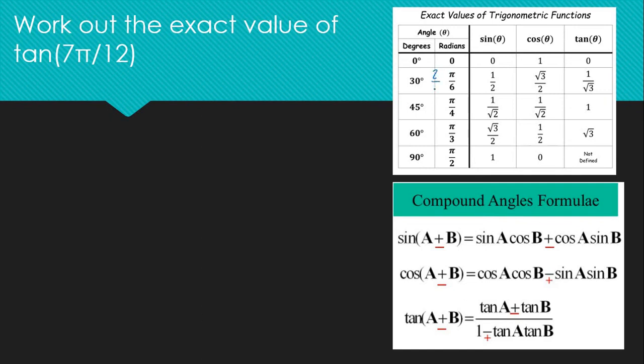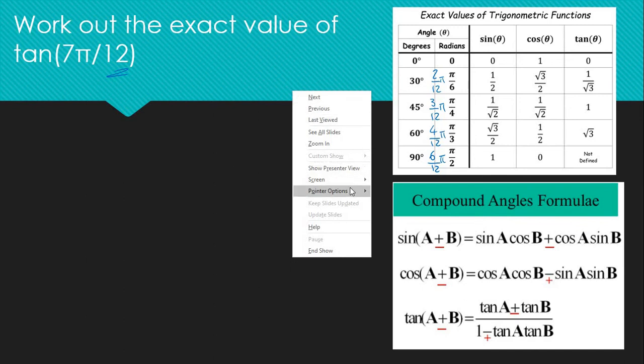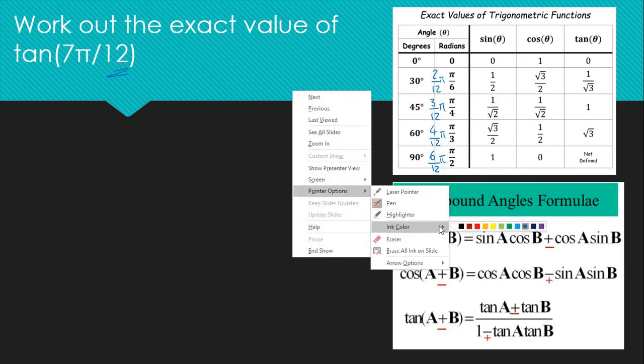So you get 2 12ths pi, we'll get 3 12ths pi, we'll get 4 12ths pi, and we'll get 6 12ths pi. Now obviously those would cancel down and whatever else, but when we're looking at this thing and it says it's in 12ths, it's handy to have things being in 12ths because you can use them nicely.